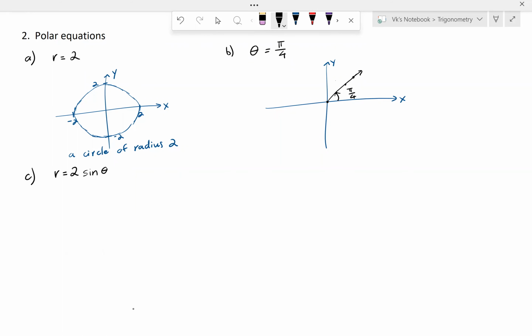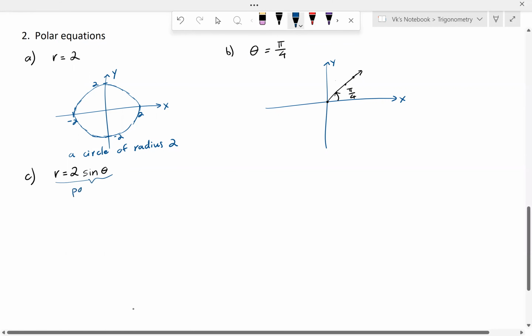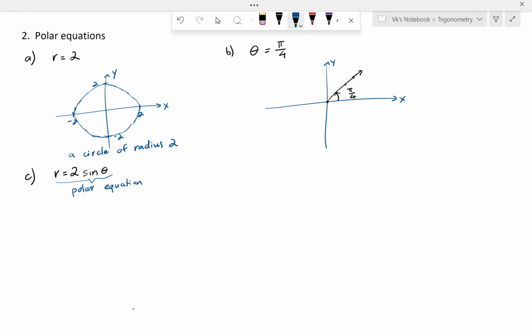What about r equals 2 sine theta? This is a nice polar equation, also called a polar equation in the form r equals f of theta.